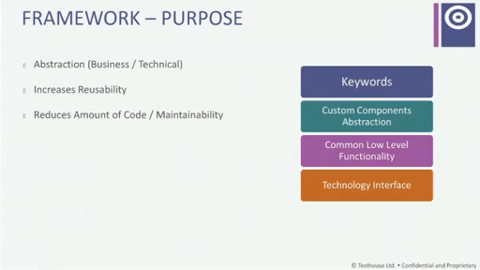It's also useful for increasing reusability. By using a framework abstracting, you make it more reusable by having functions that you can use somewhere else, maybe in another test. So if it's web-based, you will have common features, so you can reuse them. And it also helps you reduce the amount of code, hence increasing the maintainability of your test.